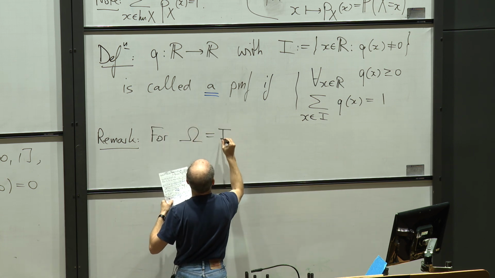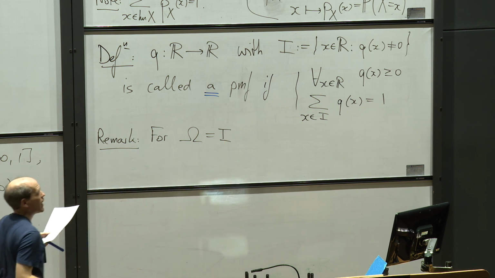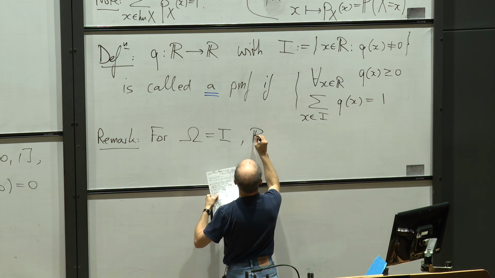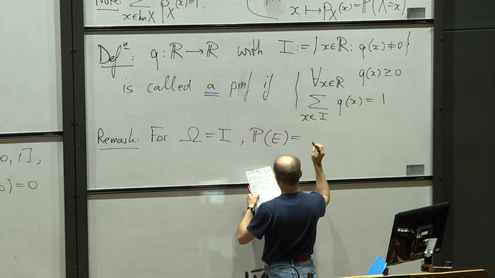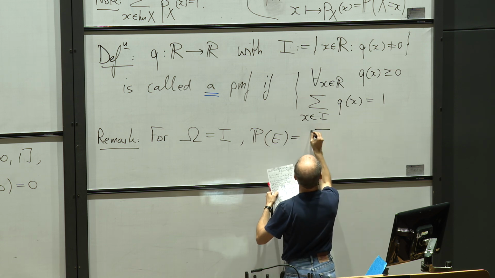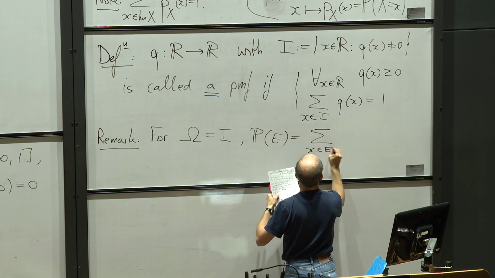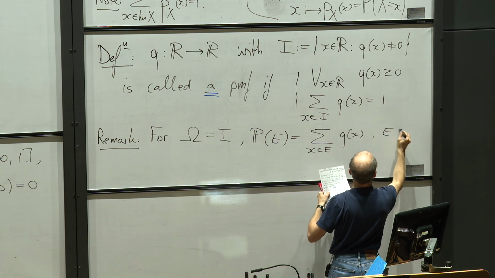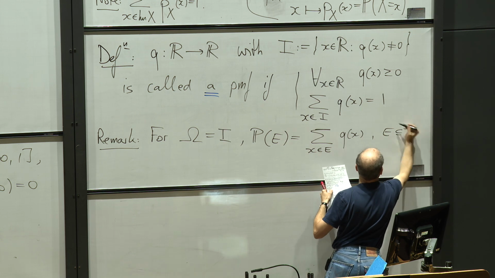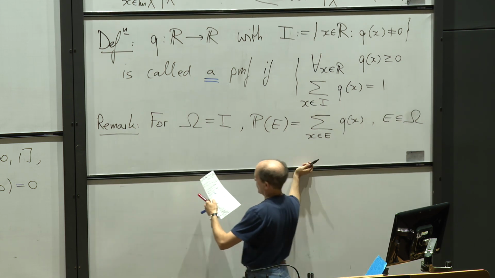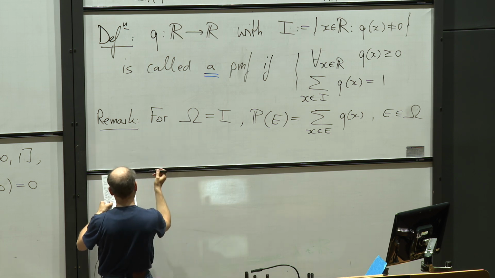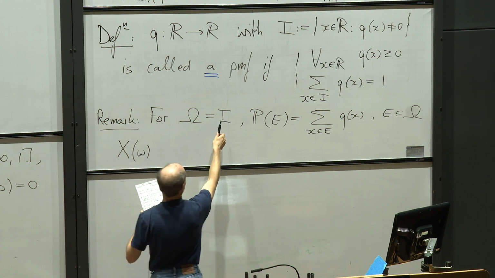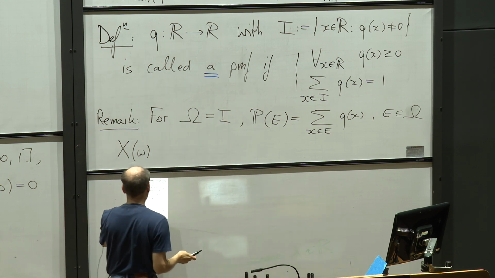We can just take that set of values that we assign positive probability to as our sample space. We can define P of E as the sum over all x in E of the q of little x's for E a subset of Omega, and we can then say what is our random variable. We can say X of omega, where Omega is now I and I is a subset of the real line.